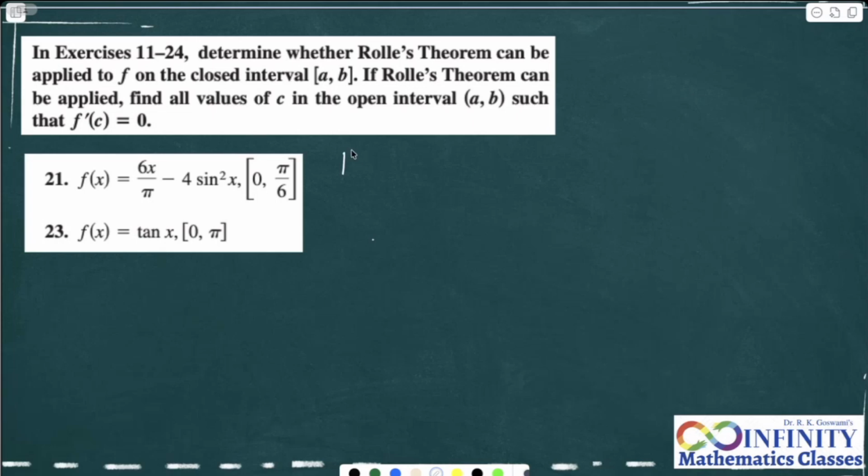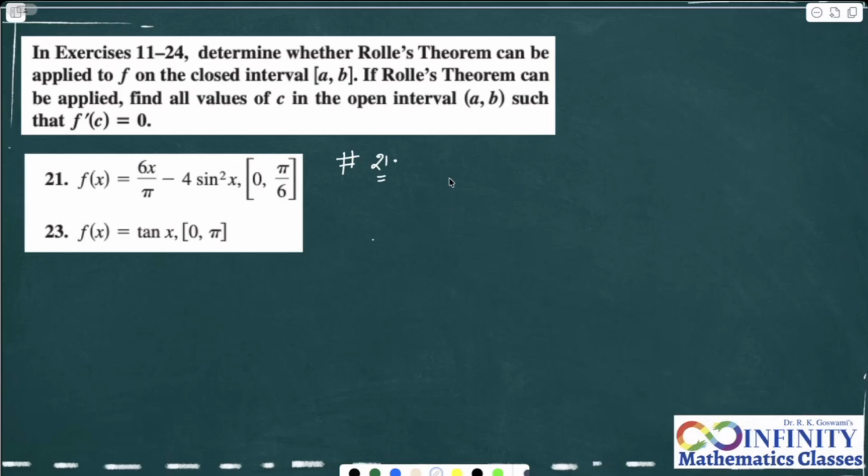Try to dictate to me the applicability of Rolle's theorem. And once Rolle's theorem is applicable, you should be able to tell me at what point c the derivative is going to be 0. After this application, you need to tell me the point also, please.